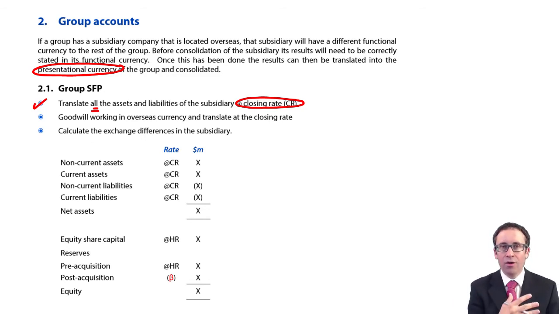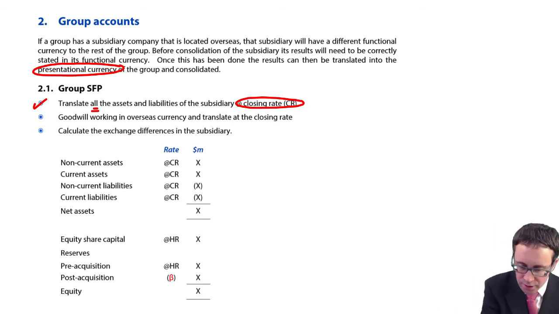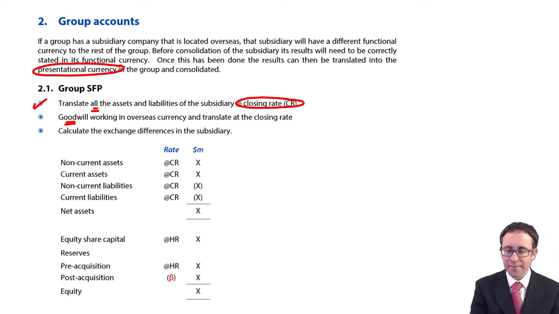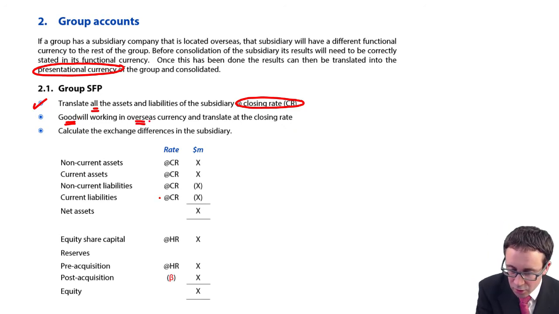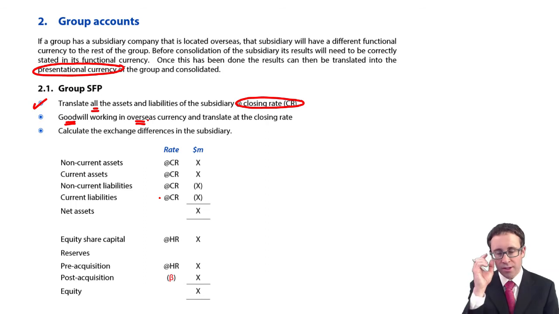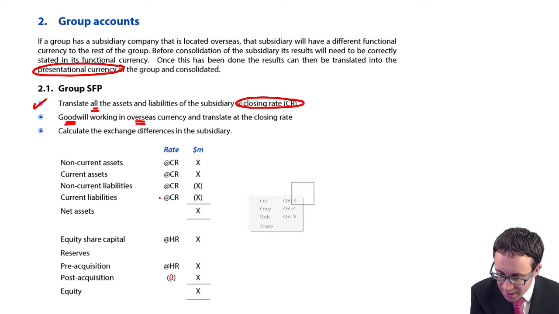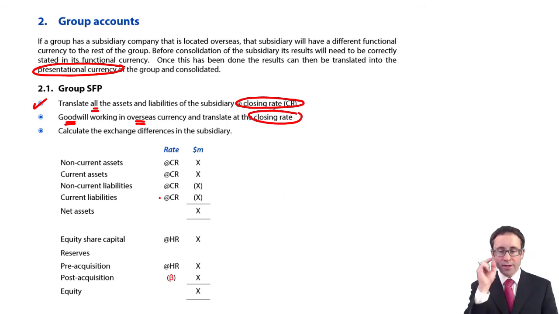However, the statement of financial position gets a little more challenging, because there's an asset that isn't included within the SFP of the subsidiary, which is goodwill. We need to translate that goodwill once we've calculated it in the overseas currency first. So within the functional currency we calculate the goodwill and then translate it. It's an asset of the subsidiary, so we translate it at the closing rate.